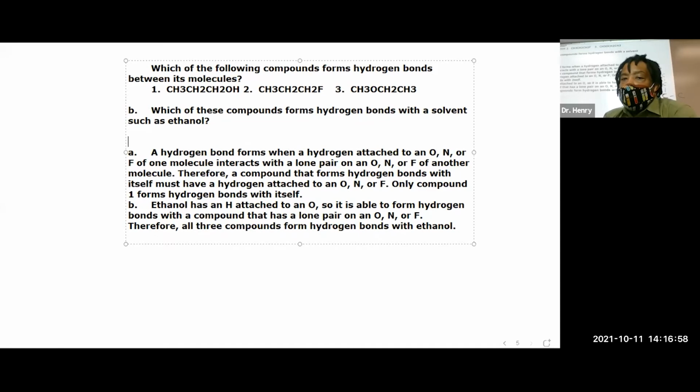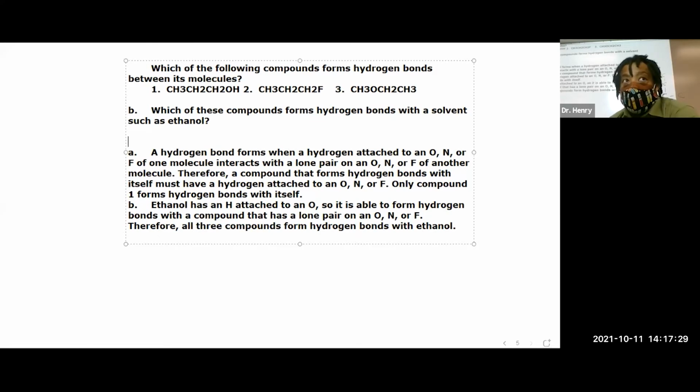Which of these compounds will form hydrogen bonds with a solvent such as ethanol? In other words, which one is going to be able to be dissolved in ethanol? I'm sorry, ethanol, not ethane. One, okay.